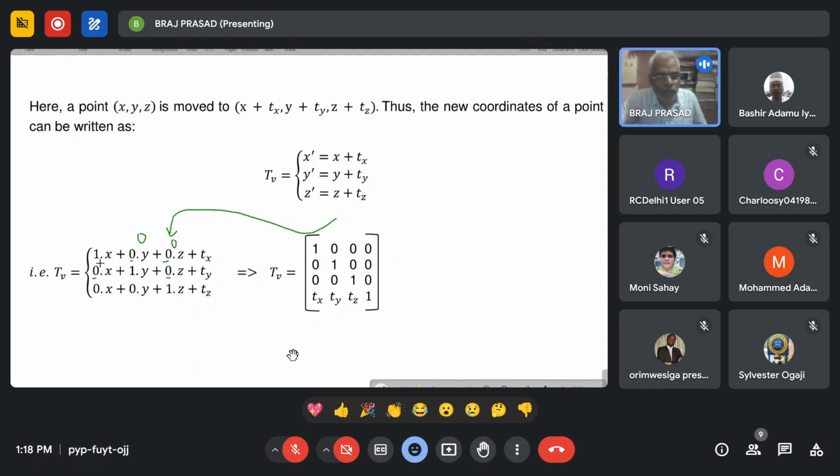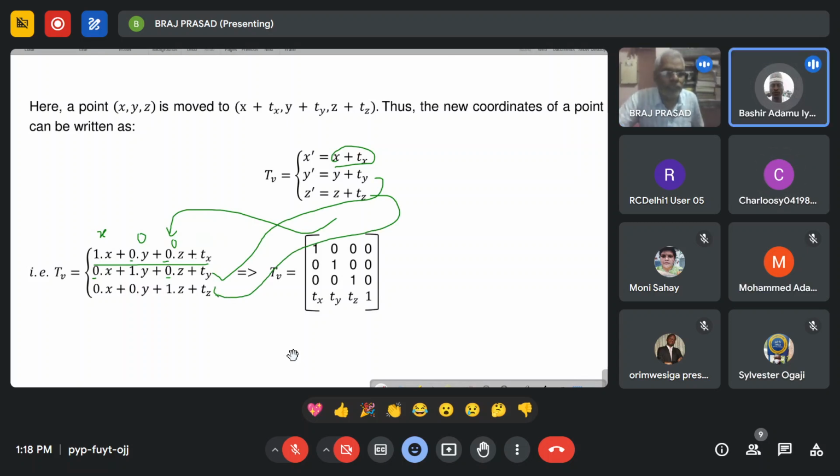So in simple form, 1 into x equals x. So simply we can write x plus tx. So x plus tx is expanded in this form. I have also discussed this concept in 2D. Similarly, the second one is converted into this form, and the third one is converted into this form.